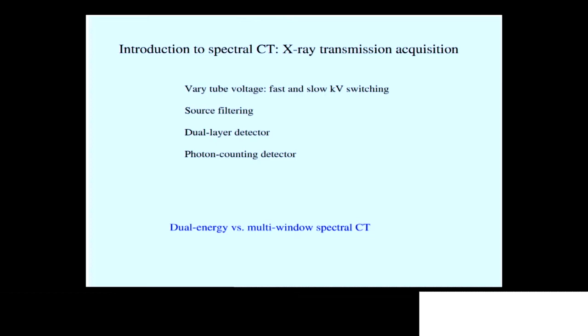From a mathematical standpoint, you can do as many energy windows as you like. That is just referred to as multi-window spectral CT. But in application, by far the most common thing is to just have two energy windows. And so application-wise, there's a bit of a distinction between dual energy and multispectral CT.